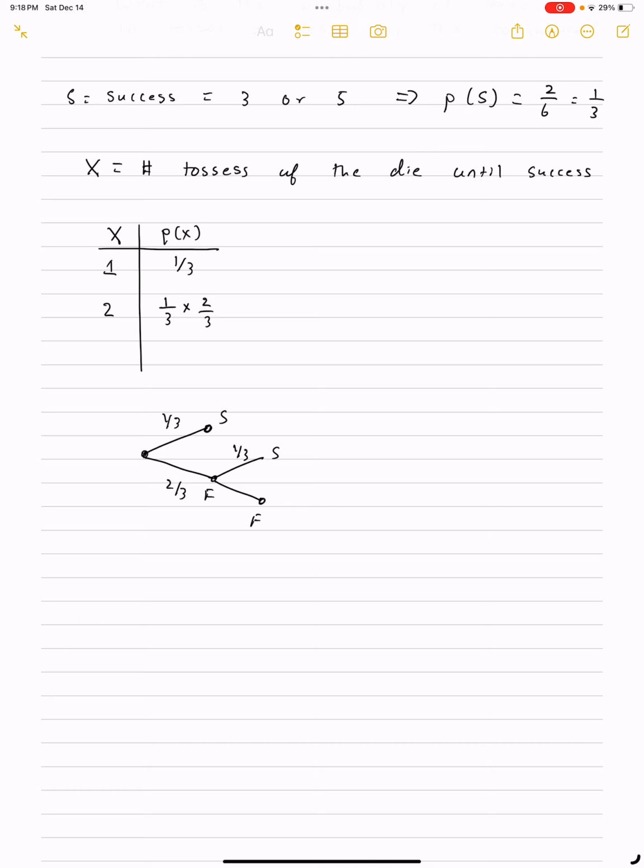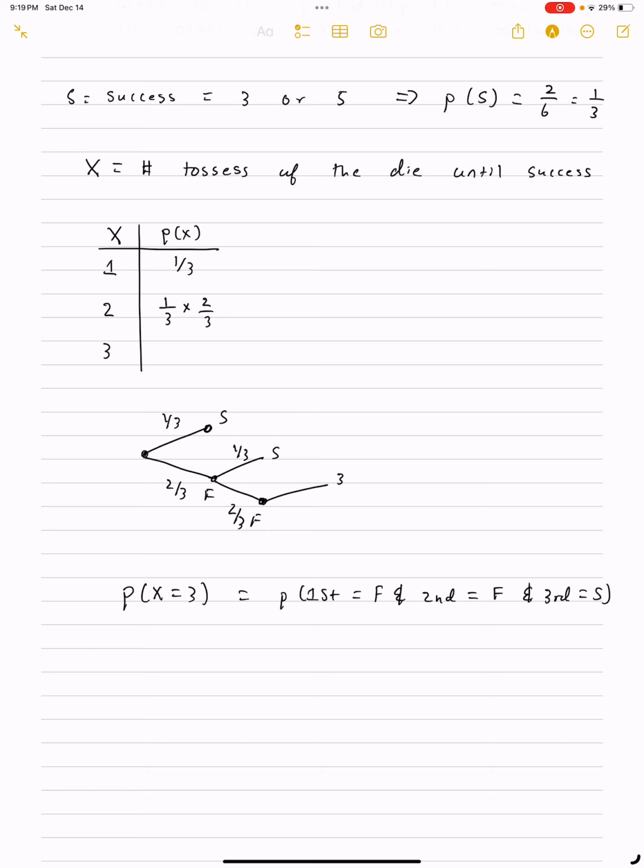For 3 tosses of the coin, that would mean that you got success on your third toss of the coin. So P of x equals 3 means that the first was a failure and the second was a failure and the third was a success.